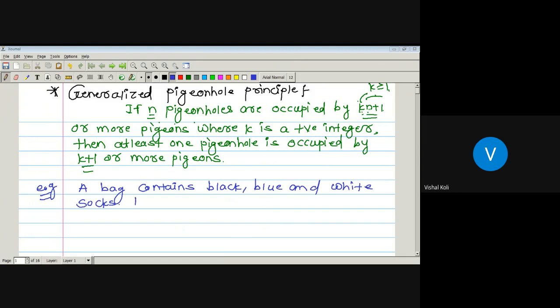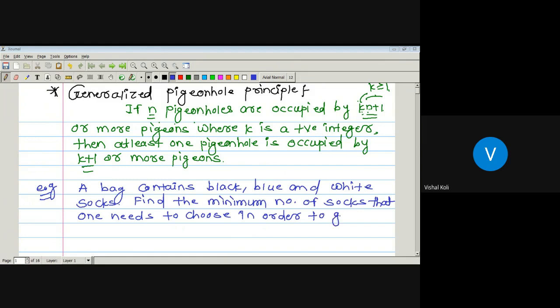Find the minimum number of socks that one needs to choose in order to get two pairs of socks of the same color.